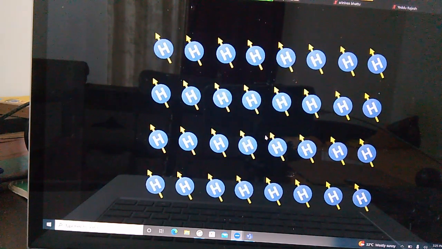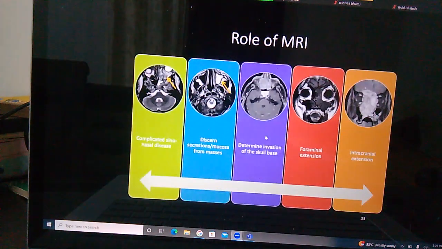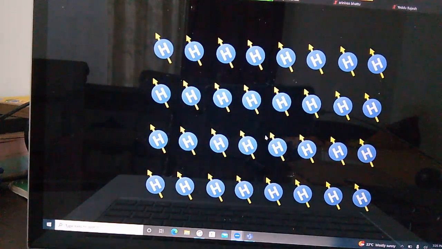So what happens is when these hydrogen ions are subjected to a powerful magnet, they get aligned to one particular direction, depending on the polarity of the magnet. As they say, opposite poles attract. Like that, these hydrogen ions get aligned.